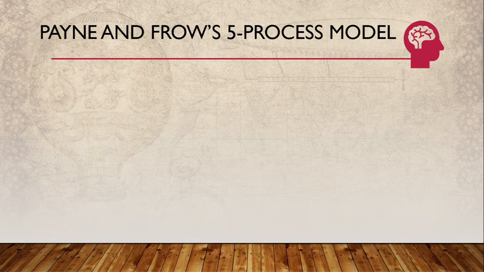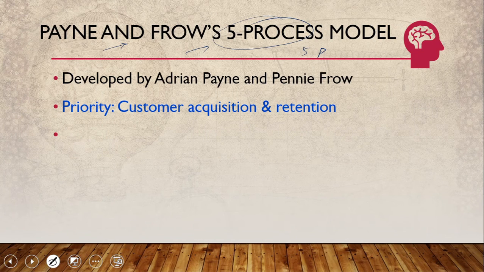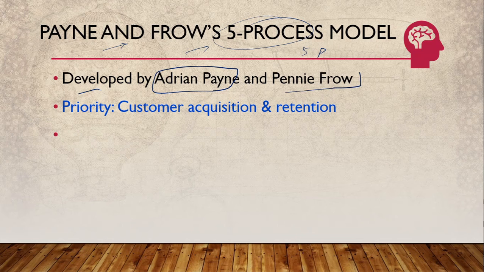The next model is the Payne and Frow's 5 process model. This model focuses on 5 processes. It was developed by Adrian Payne and Pennie Frow. That is why this model is known as the Payne and Frow model, after the surnames of these two authors.